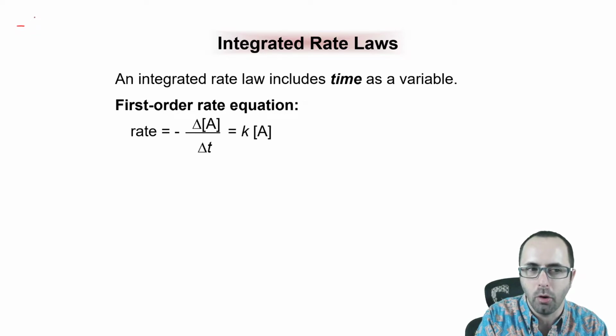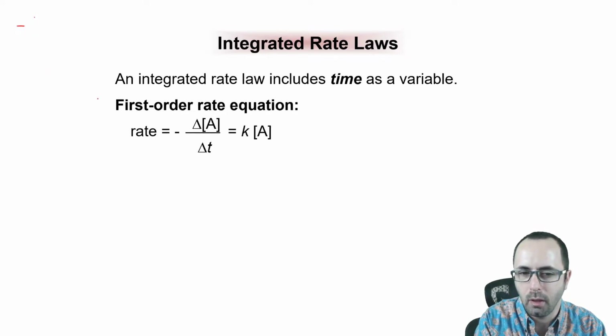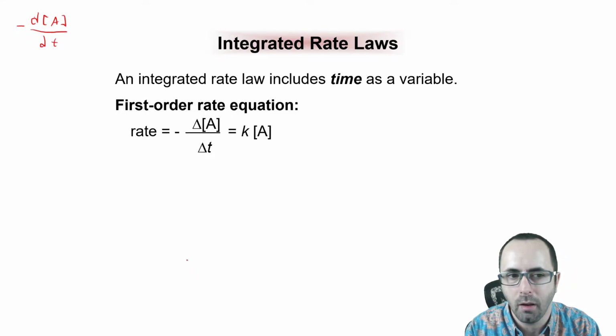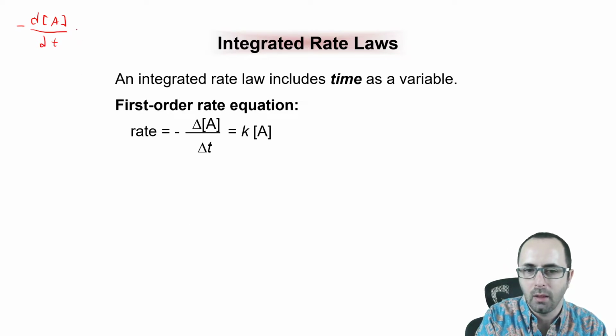I don't have these memorized, for example. If we're writing the rate here in calculus terms, we would write this as negative d concentration A dt, and it's negative because its concentration is decreasing. And so that's going to equal K times the concentration of A.